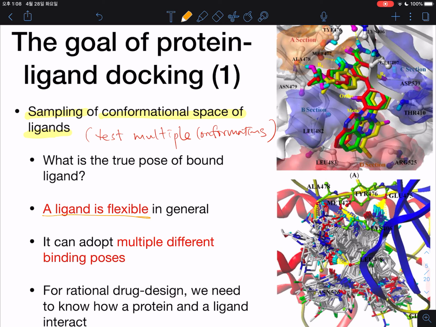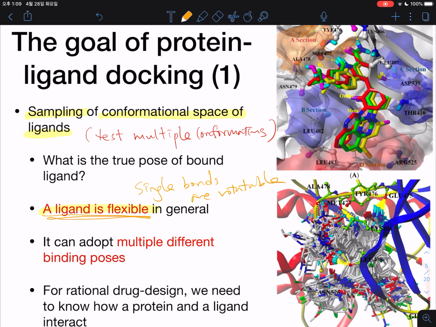Because a ligand is in general flexible. As you have learned in organic chemistry class, single bonds are rotatable.